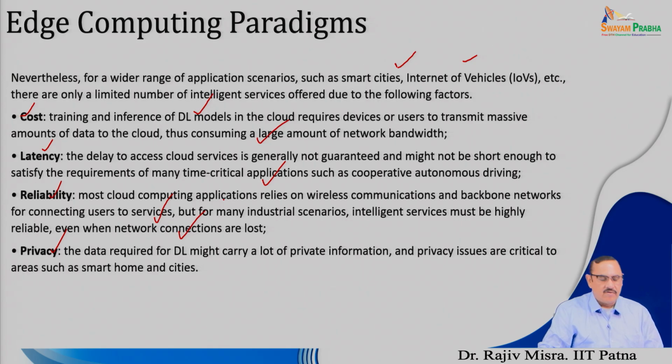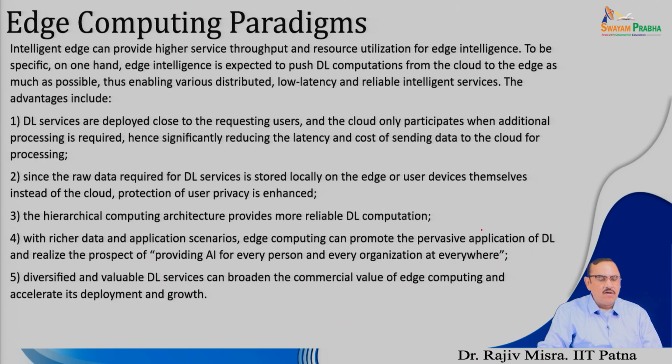Data sometimes required for deep learning might carry a lot of private information, and privacy issues are critical to areas such as smart home and cities for safety guarantees. So, with all these factors, the edge computing paradigms are yet evolving and supporting these applications with more confidence, and the requirements of delay sensitivity are also met. Let us see the cloud and edge computing paradigms.